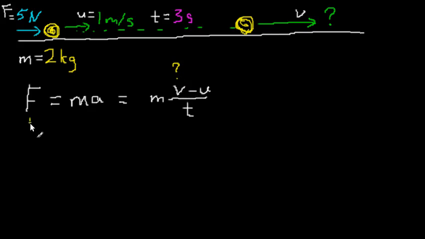We know the force, we know the mass, we know the time, we know the starting velocity. So v is the only unknown.